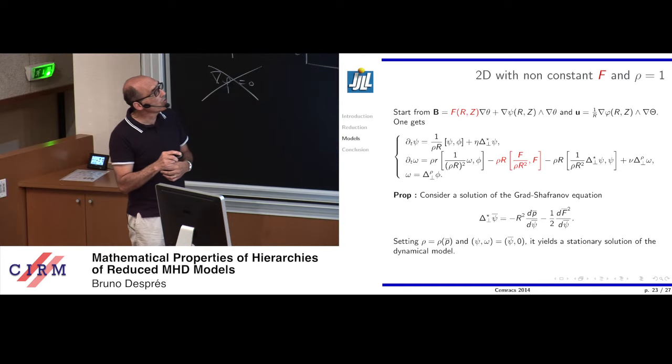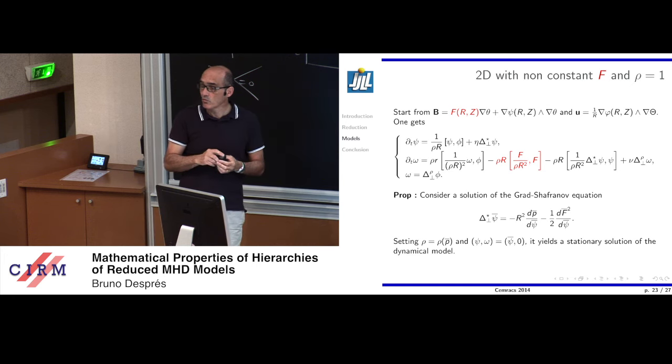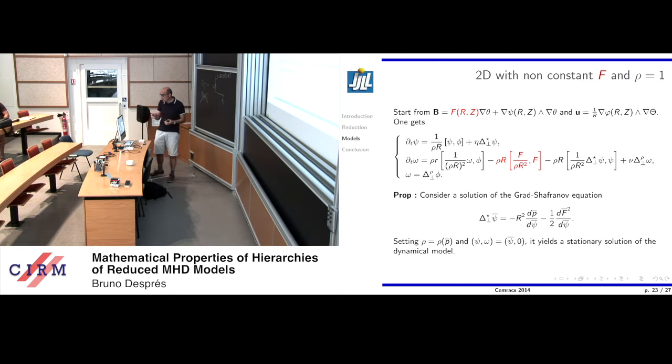In that way, you can design f and psi bar so that it will give you the initial state, which will be a stationary state for my MHD equation, so it's closer to the physics and more adapted to what people do. So you can initialize that model with a rigorous solution of the Grad-Shafranov equation. And this model has this energy closure and all these abstract principles.